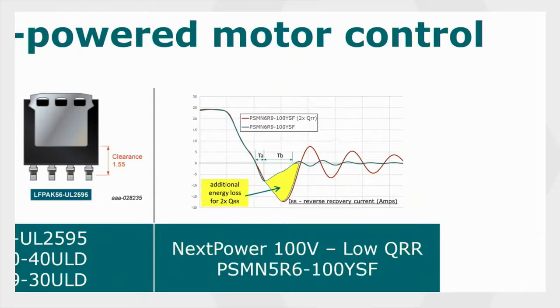TA is pretty much dictated by the body diode itself. TB is something that we can control, so the recovery is not rushed, it is nice and soft. The ratio between TB over TA, the factor of 1, is what we aim to achieve to give you the softest recovery, avoiding the spikes and ringing.